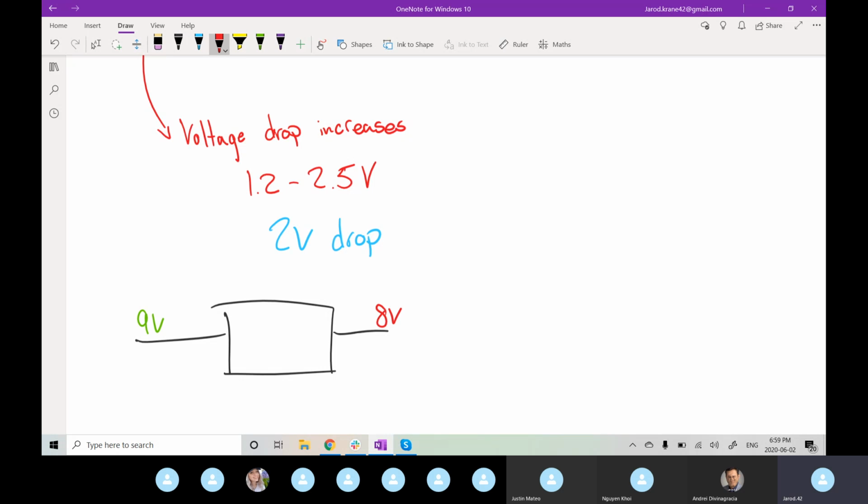Because we always will lose 2 volts across our system, we maximum can only output 7 volts on our device because of the drop. We're not able to have output and input be too tightly together.